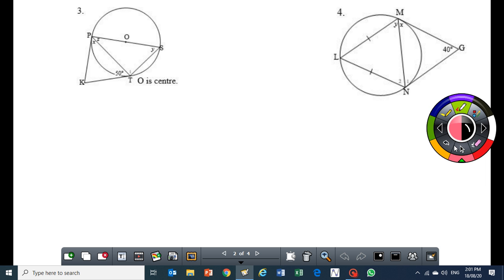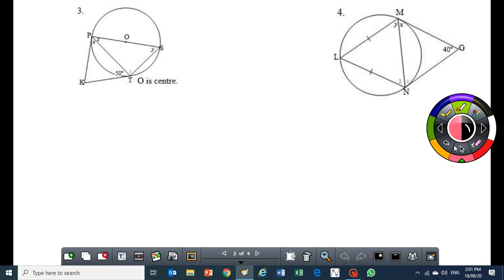Alright. So again in question 3, you're supposed to find x, y, and z. We have a tangent, KT, and we also have a tangent, KP. So we have two tangents and we have a diameter.